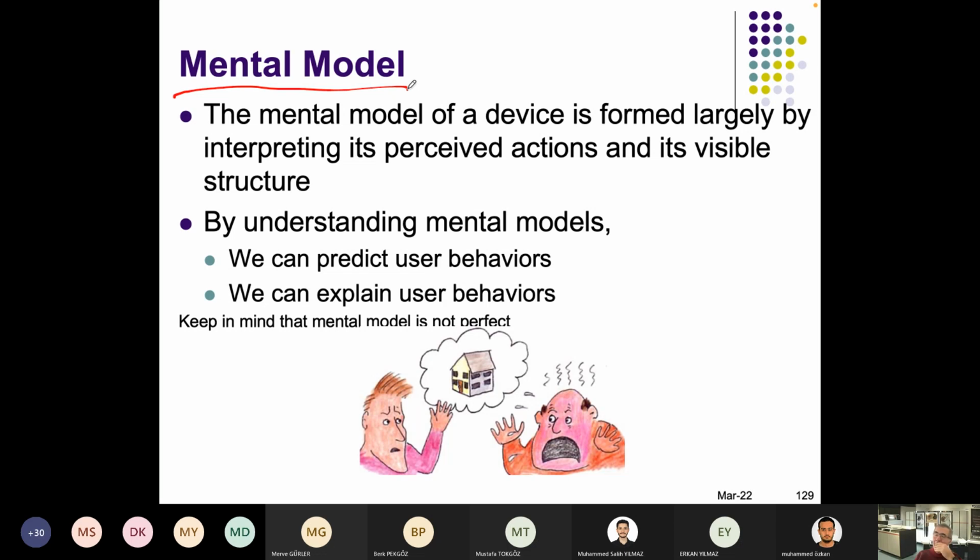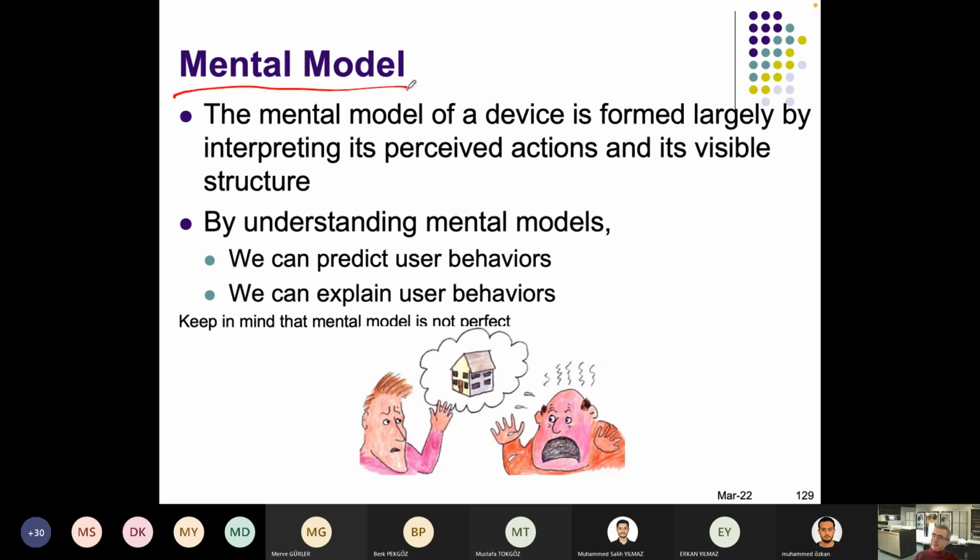So it is mainly formed by what is visible and also by the actions of the structure. It could be on the screen, it could be a real-life object, same. By understanding these mental models, we can predict user behavior, we can explain user behavior, and we should keep in mind that the mental model of each person is not the same. There are different mental models.